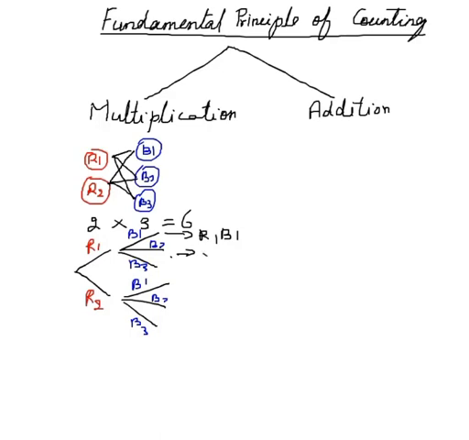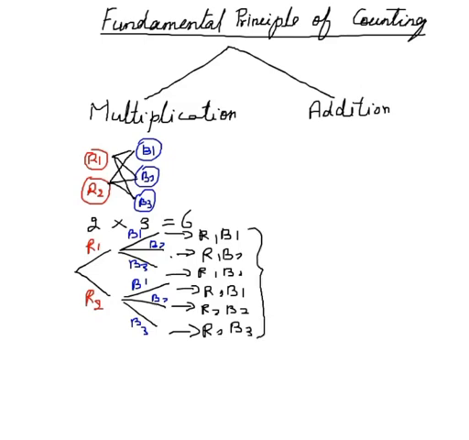Or if I select like this, I will have R1 and B2. Here I will have R1 and B3, or I may select R2 B1 or R2 B2 or R2 B3. So totally we have 6 ways. So this is the fundamental principle of multiplication. So remember, if you use the word 'and', we multiply.